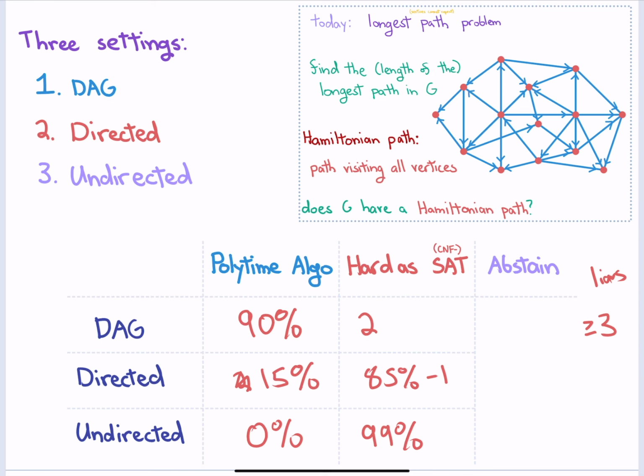So undirected is a special case of directed. So if you have an algorithm for directed, then you definitely have an algorithm for undirected. I can take an undirected graph and add both edges. Not necessarily vice versa. It's not clear how to turn a directed graph into an undirected graph.